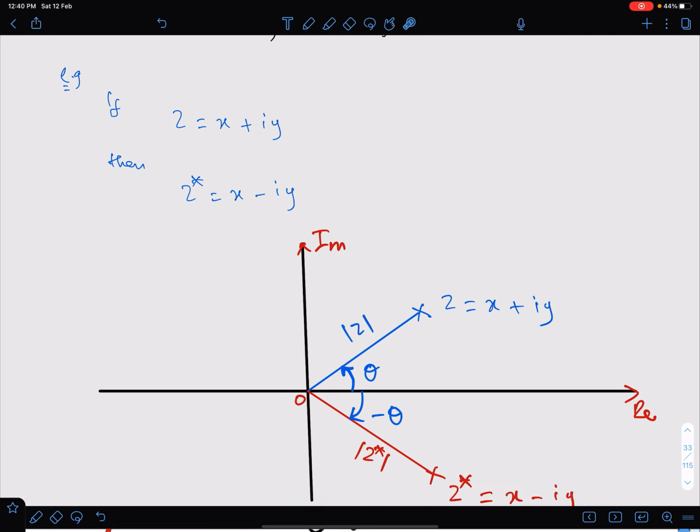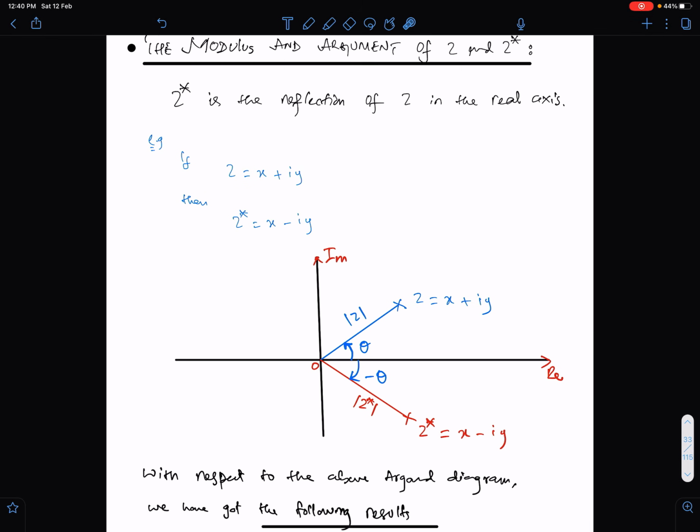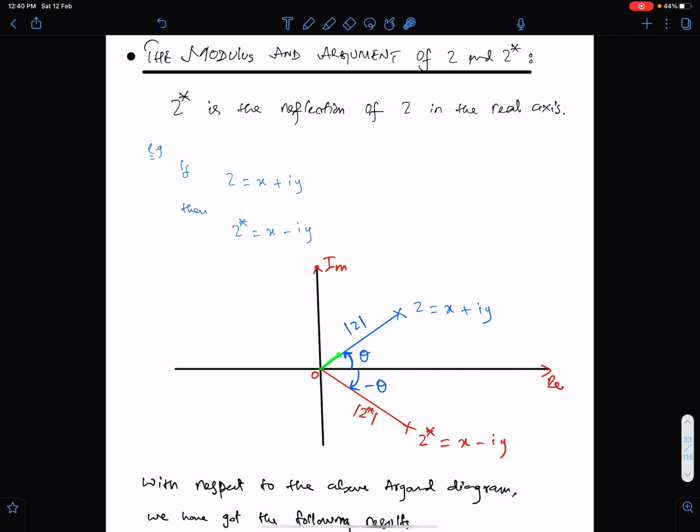The modulus of both the complex numbers are same. Both lengths are same. And the numerical values of arguments are same as well. If theta is 45, then this is also 45, but the direction is opposite. This is positive theta and this is negative theta, because in fourth quadrant we work in clockwise direction.